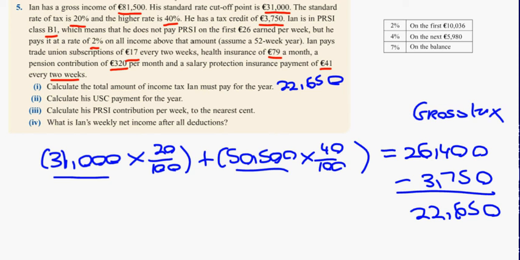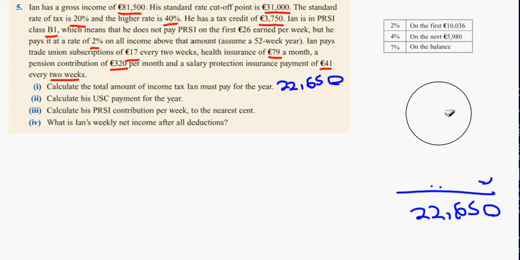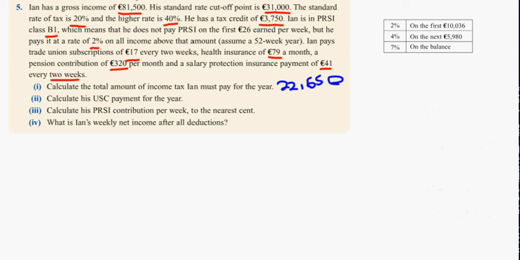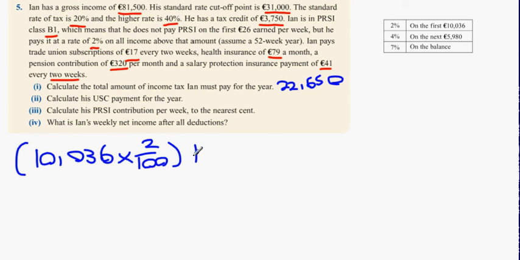Now to calculate the USC payment for the year, the USC once again is going to be 2% on the first 10,036. Once again, it's going to be the same, 5,980 multiplied by 4%.